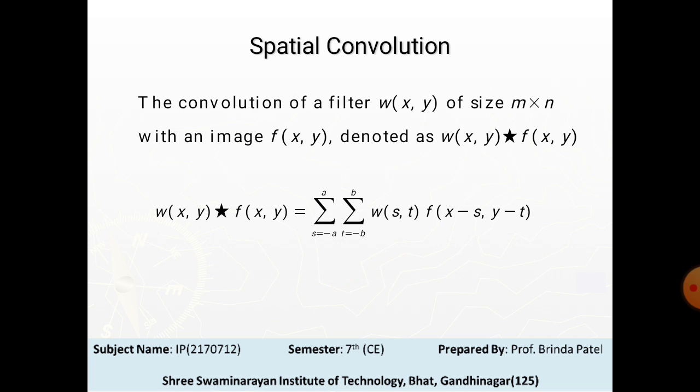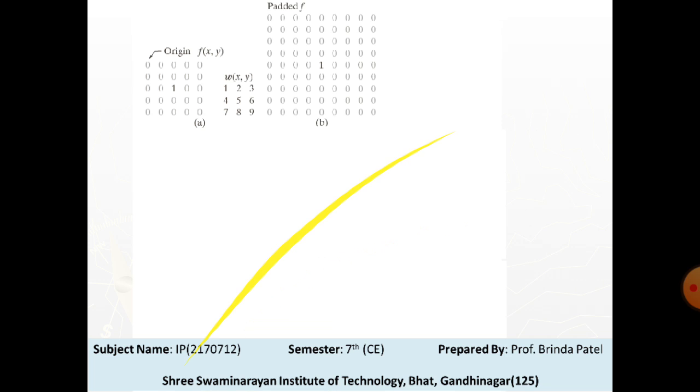The result is the same as with correlation. The equation is evaluated for all values of the displacement variables x and y, so that every element of w visits every pixel in f, where we assume f has been padded appropriately. For a 3 cross 3 mask, the result using this equation is identical to the example in this figure.